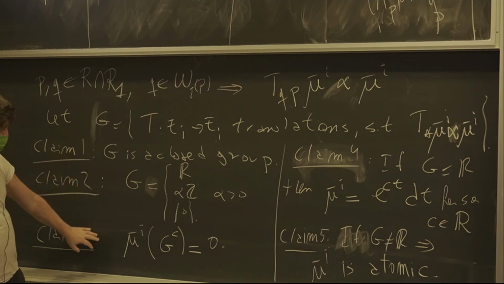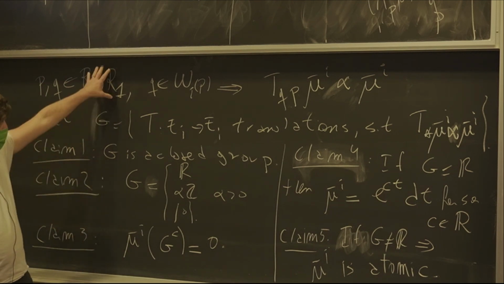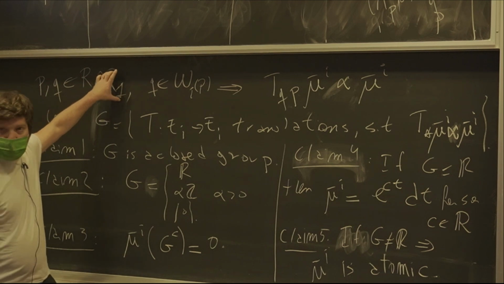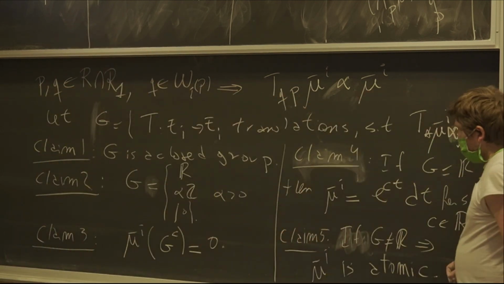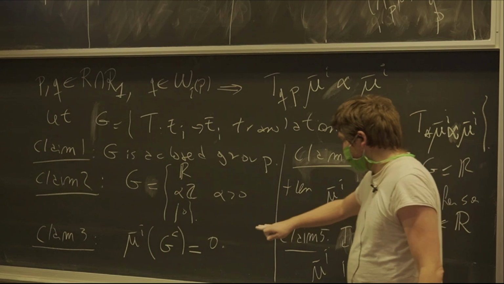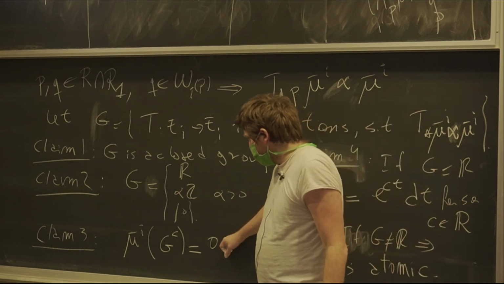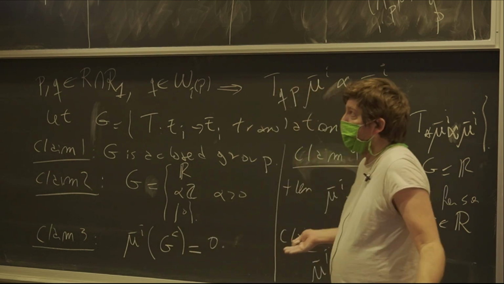For 3, maybe we will have to work a little bit using this property, and what is R1, R2, and so on. Claim 4 is a nice exercise. I have done it more than once, and I like how it goes. Claim 5, again, is a triviality, it just follows from the fact that these are countable sets, and a measure supported on a countable set has to be atomic.